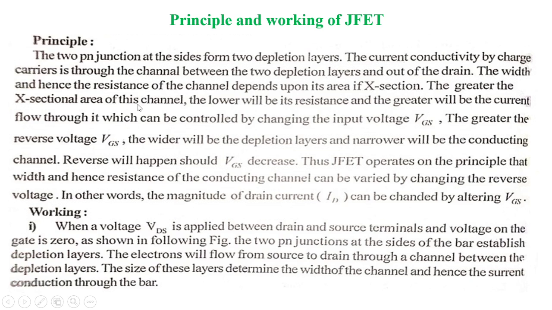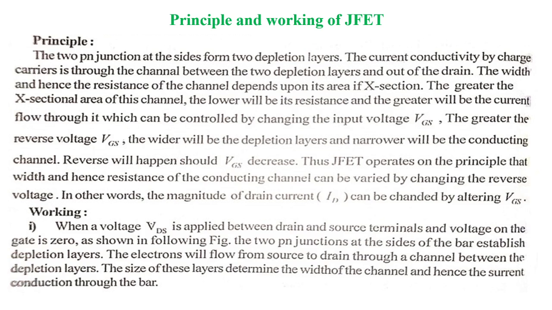The greater the cross-sectional area of this channel, the lower will be the resistance and the greater will be the current flow through it, which can be controlled by changing the input voltage VGS. The greater the reverse voltage VGS, the wider will be the depletion layer and the narrower will be the conducting channel.